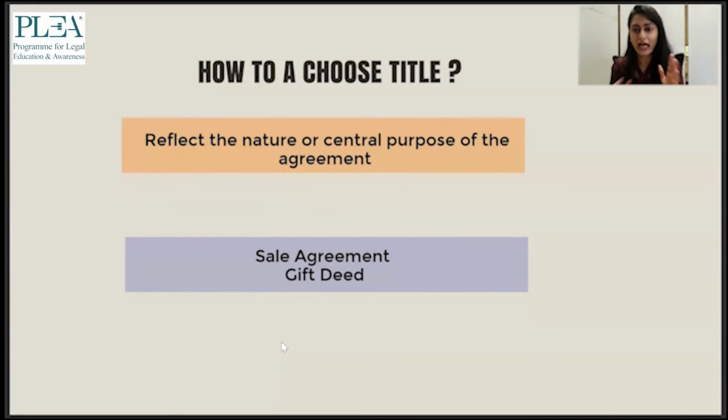If I am only preparing the document for the middle stage of the transaction, let's say a document which consists of a futuristic promise, then I can't term it as a sales deed, because a sales deed is something where actual ownership of the property is getting transferred. But if it's an agreement for sale, if some part of the consideration is left to be paid, then you have to choose the title according to the intention of the parties.